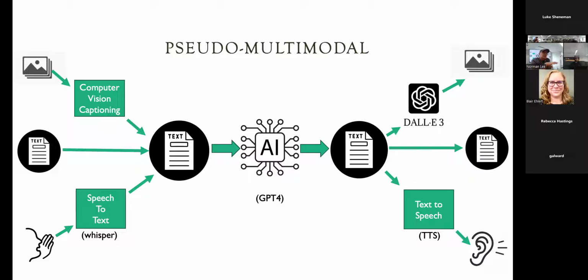Or a speech-to-text model like Whisper, which is one of the OpenAI models, where you can talk, it will convert that to text and then send it to the model. And then as output, be able to send it to a generative model like DALL-E to take text as a caption and produce an image, or TTS, which is their text-to-speech model. So it would kind of behave as an ensemble of models to provide some sort of coherent multimodality.